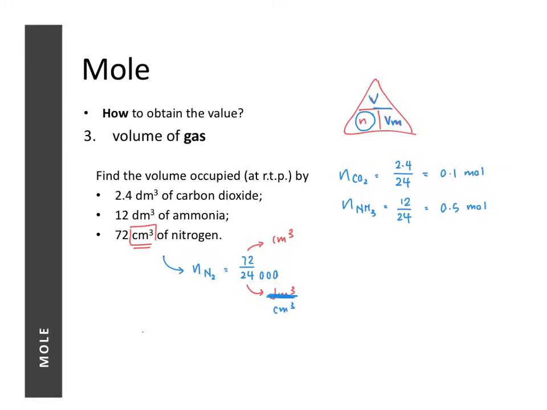The correct working should be 72 divided by 24,000, and that will give us a value of 0.003 moles. Once again, whenever you see volumes of gases, you need to check whether it's given in cm³ or dm³, and you need to convert accordingly.